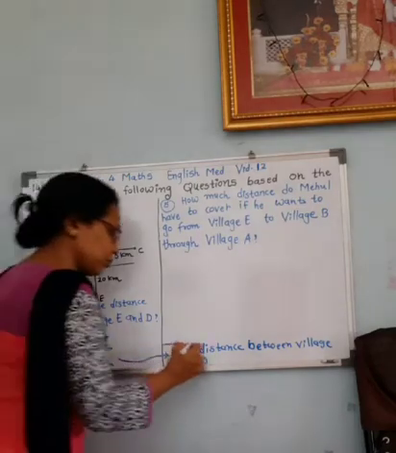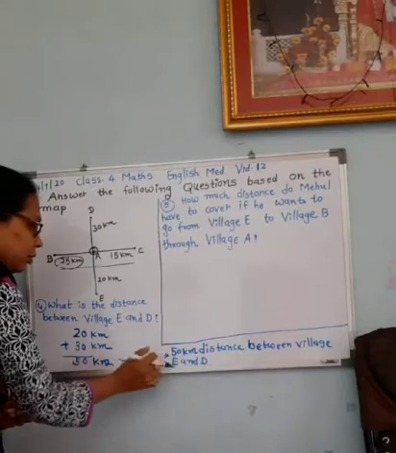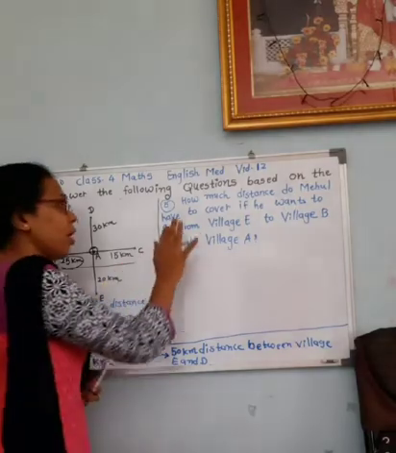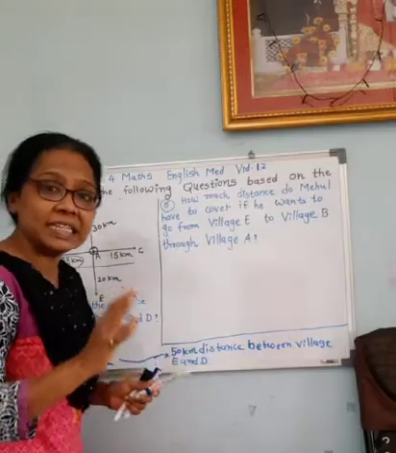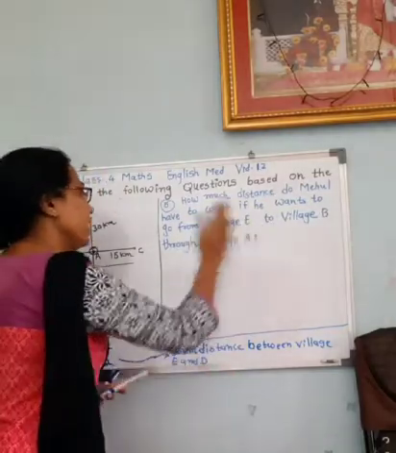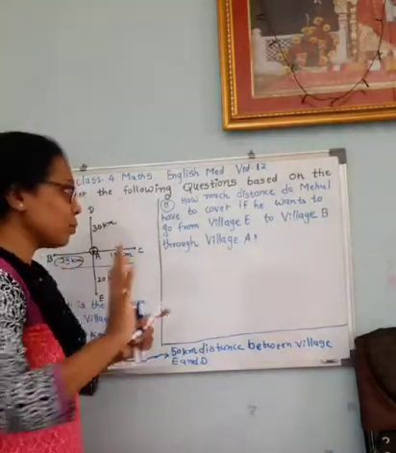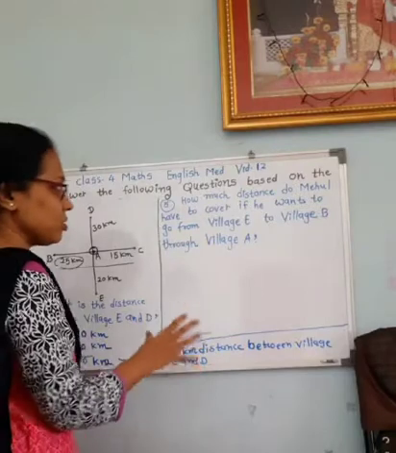Now, fifth question. How much distance does Mehul, one boy Mehul, have to cover if he wants to go from village E to village B through village A? Suppose one boy has to cover some distance.